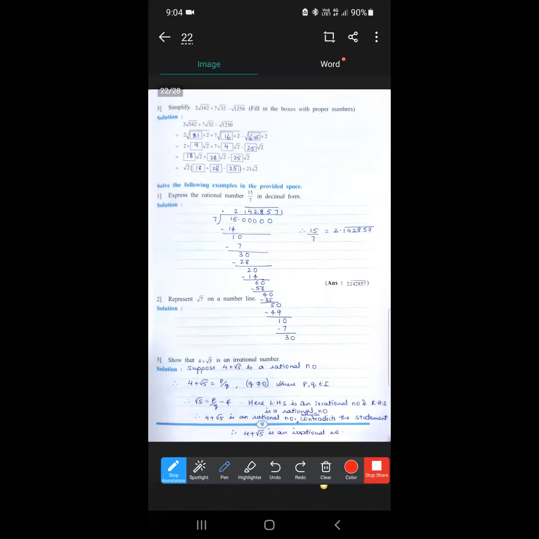Now as the activity questions are completed, below that there are some questions and you need to solve them in the space provided. So here you can see: solve the following examples in the provided space. Now many a time students say it's a simple division.